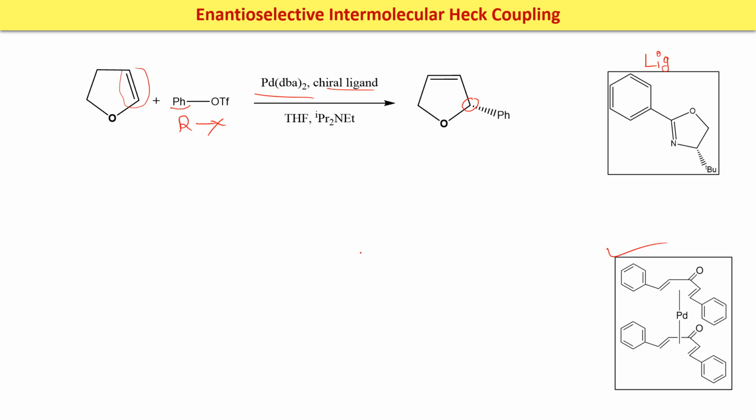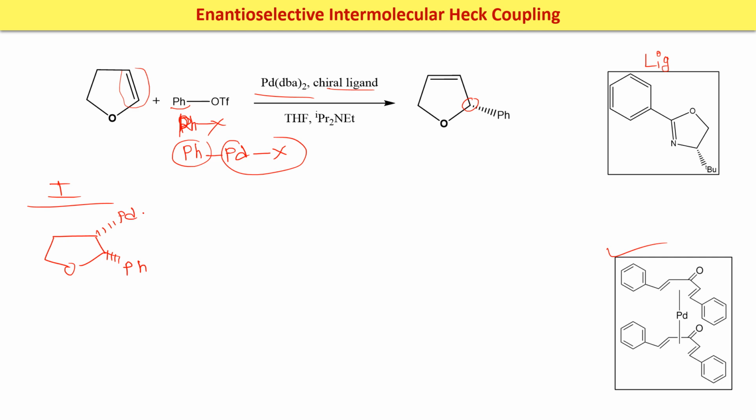So in this case, suppose this is RX, or suppose it is PhX, right? Two possibilities are there. First of all, from PhX there will be formation of Ph-Pd-X. Now this Ph and PdX will be added to the double bond. So suppose this is possibility 1. In this possibility 1, Ph is added here and PdX is added here.